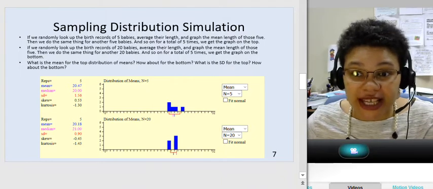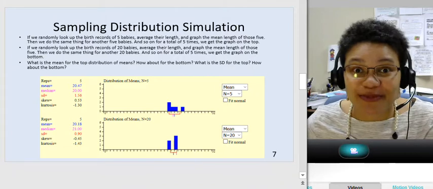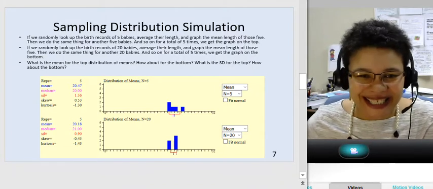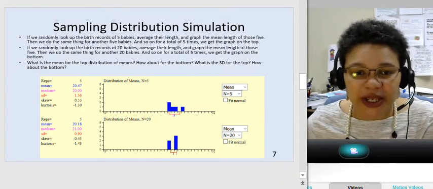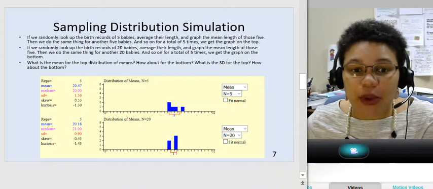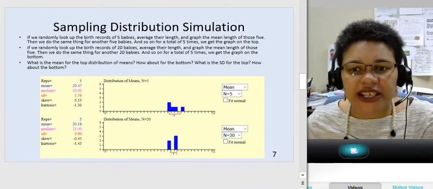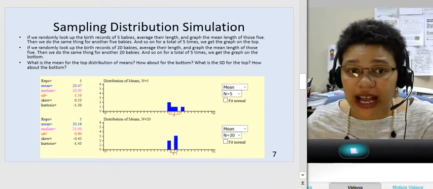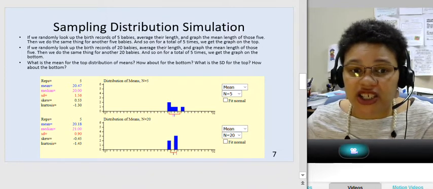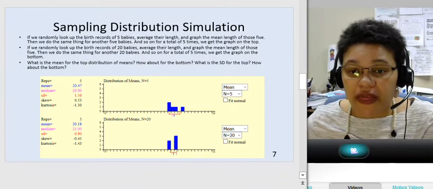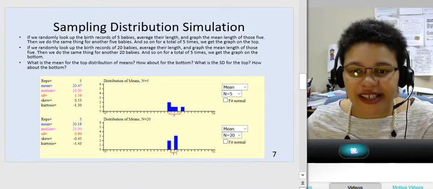The means of our graphs of means of samples are very close to 20. Standard deviation of 0.9. Our standard deviation for our population was 3.5 inches, and for each of our examples here, our standard deviation is smaller than that. Let's keep going.